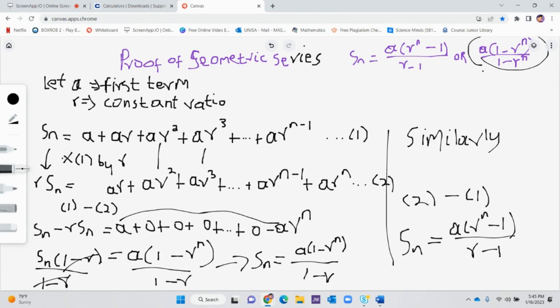And that is the end of the proof of a geometric series. It's examinable, so you might get it on a test or an exam. So you have to know it by heart.